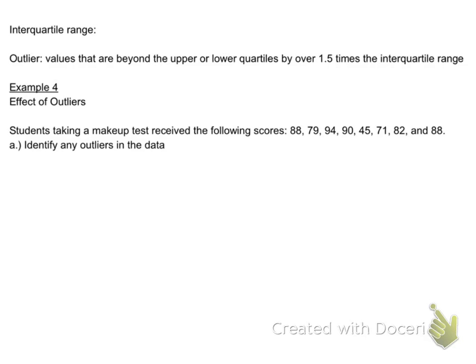Guys, outliers are values that are beyond the upper and lower quartiles by over 1.5 times that range. So, you take the range, which is 11, yes? What's 1.5 times 11? Take your calculators out.